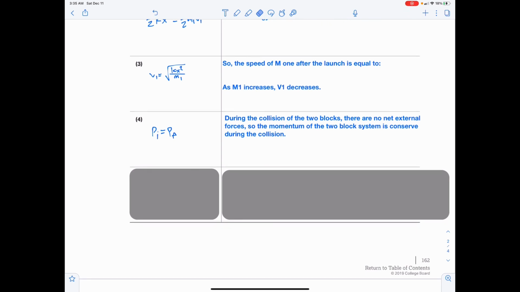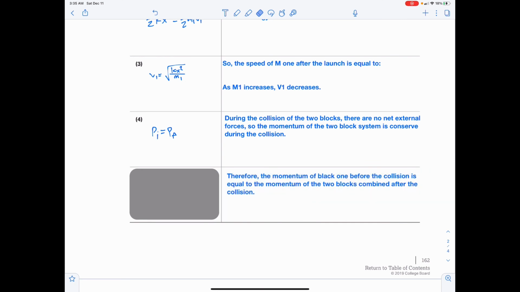Therefore the momentum of the first cart, M1, is going to be M1 V1, and then it's going to stick to the second cart, so you have to add them, M1 plus M2. And remember, M1 plus M2 is total M.